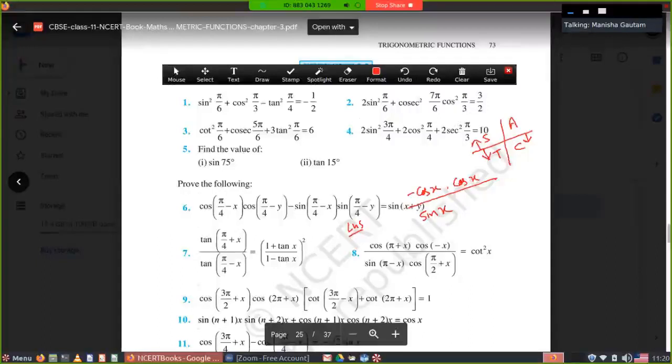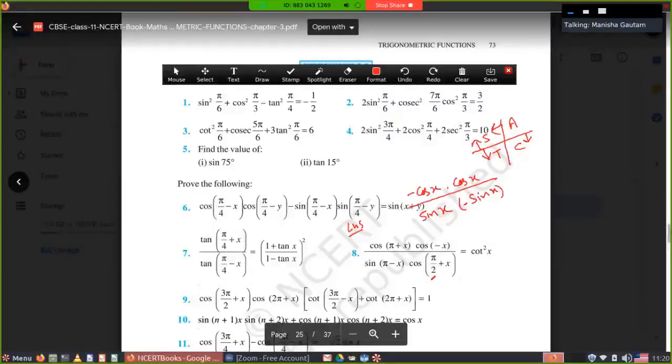And cos(90 plus x) is in the second quadrant, so cos will be minus, and this is the vertical line, 90 is on the vertical line, so the trigonometric function changes: minus of sin x.